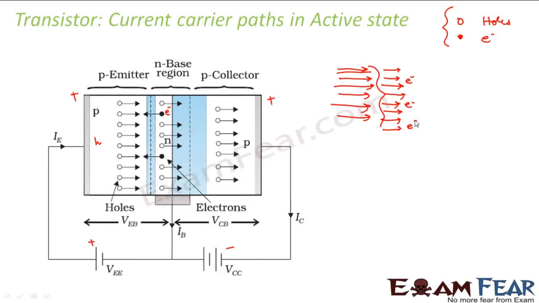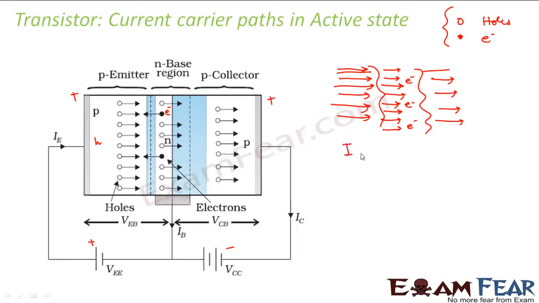If it is heavily doped, it will have more carrier electrons. So very few electrons are there with which they can recombine, and the remaining move to the collector. So in this case, most of the charge carriers which came from the emitter reached the collector. Only a few combined with the electrons in the base.